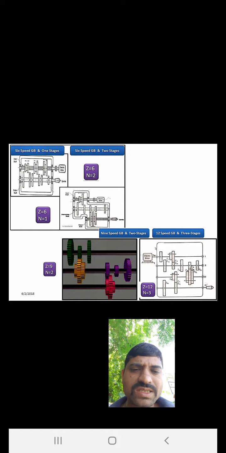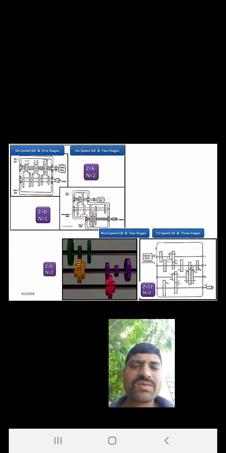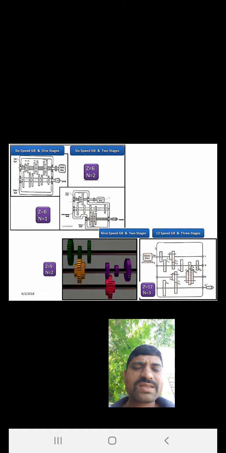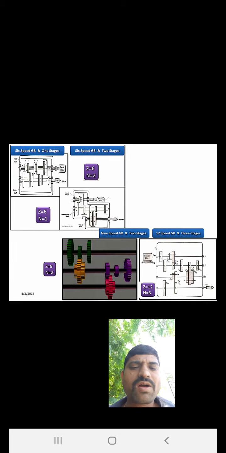In the fourth figure, check that here Z is equal to 12 speeds. The total number of speeds given is 12, and how many stages are given? 3 stages are given. Again, 3 stages means how many shafts are required? 4 shafts are required: the input shaft, 2 intermediate shafts and 1 output shaft.